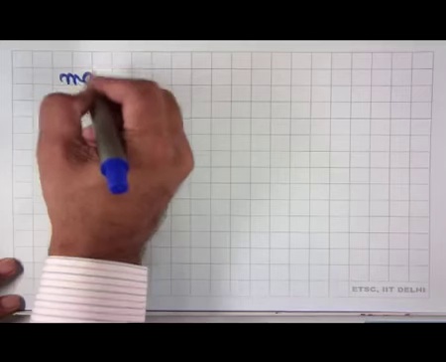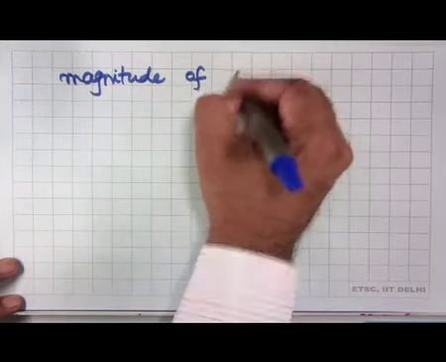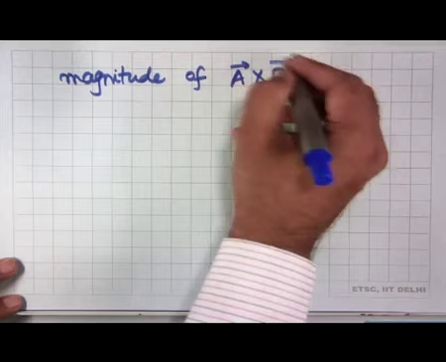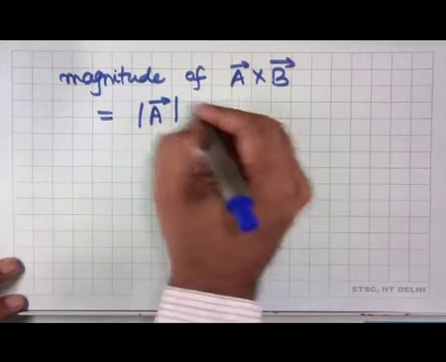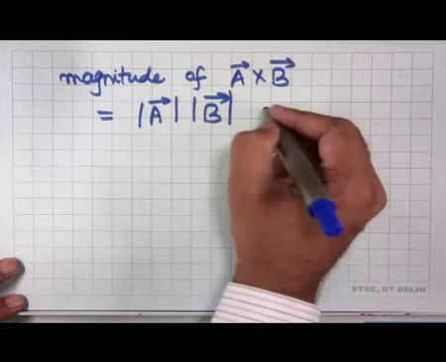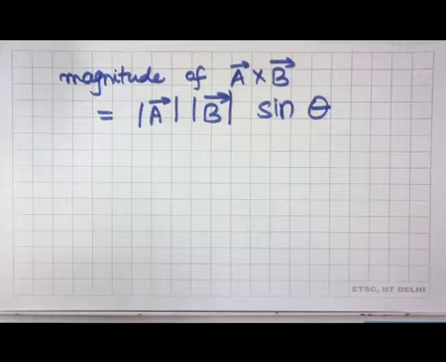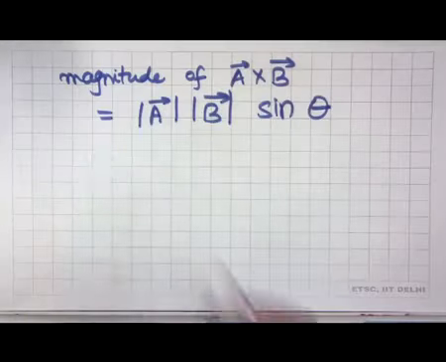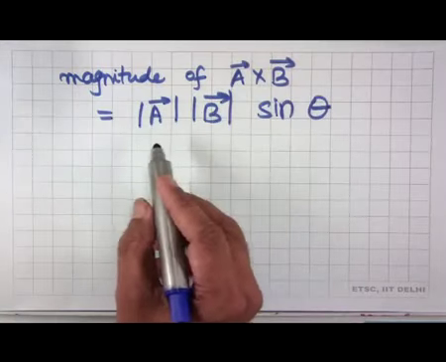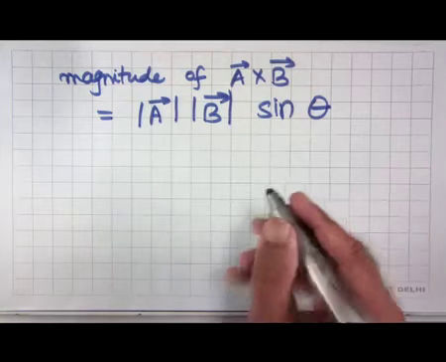So, the magnitude of A cross B will be equal to the magnitude of A times the magnitude of B times the sine of the angle between A and B. If we call the angle between A and B as theta, then the magnitude of A cross B will be equal to the magnitude of A times the magnitude of B times sine theta.